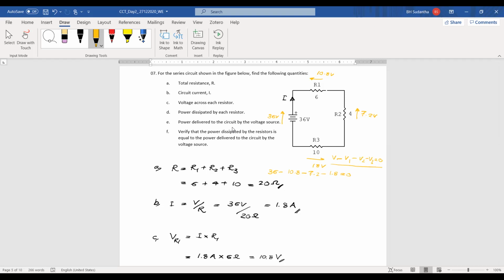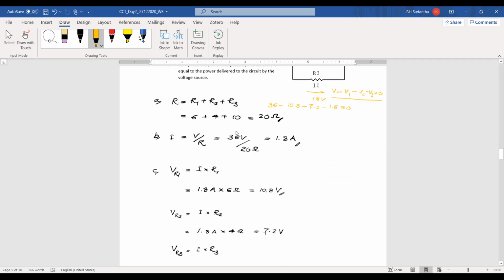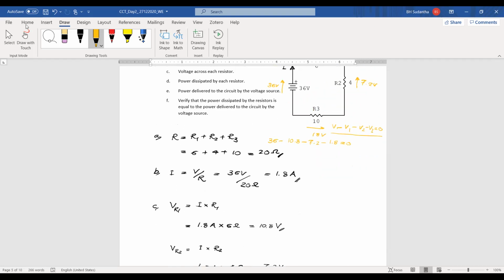When you apply it, 10.8 plus 7.2 is 18. Sorry, it's 18 volts. The algebraic sum is 0.